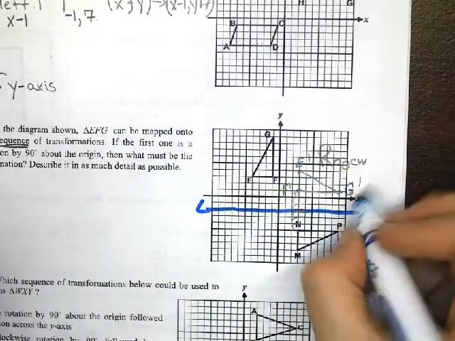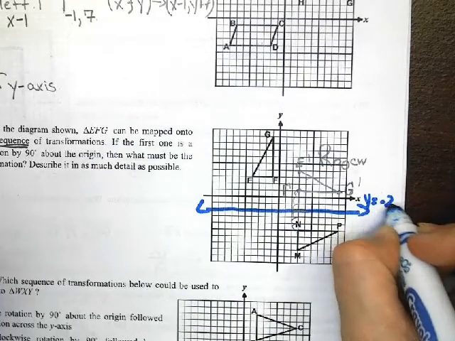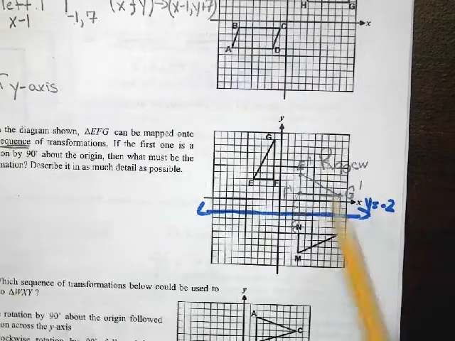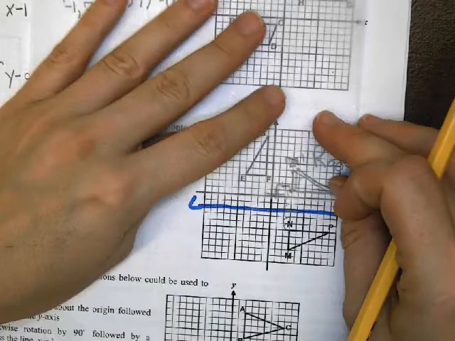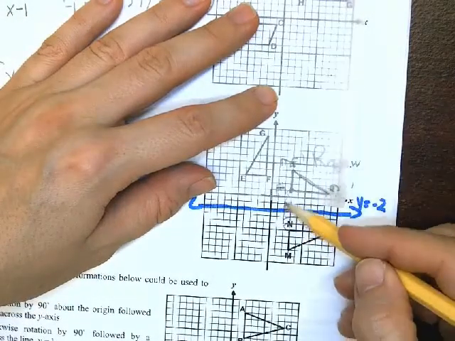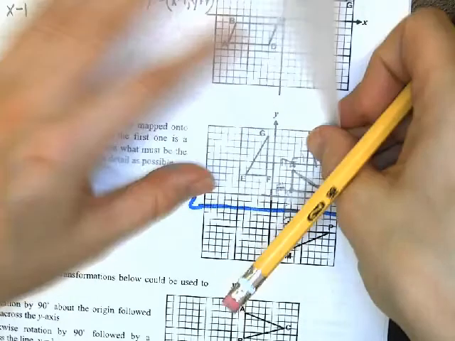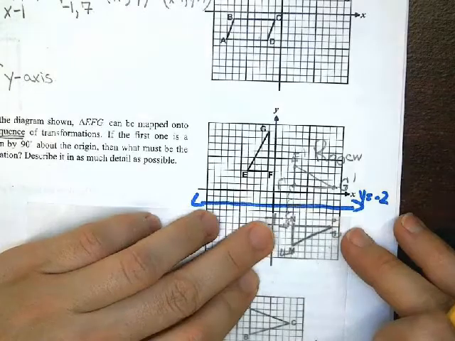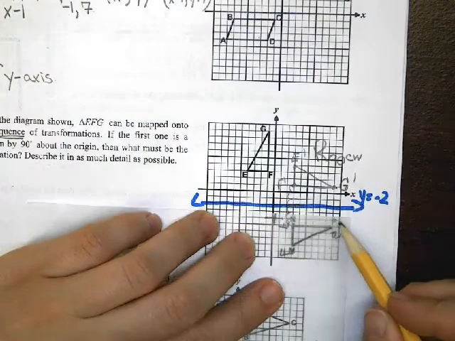And what happens is I'm creating the line y equals -2. If I was to fold the image across that line, I would map right onto it. I'm a little short on the patty paper, but if I did that, I would map right onto this, where G matches with P, and that's what should happen according to here.